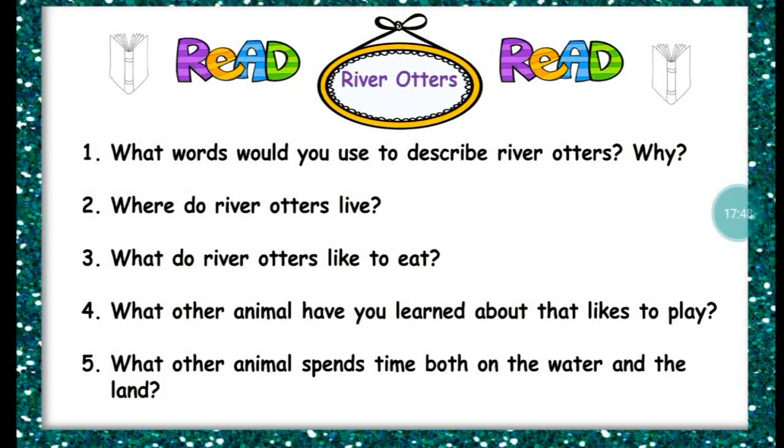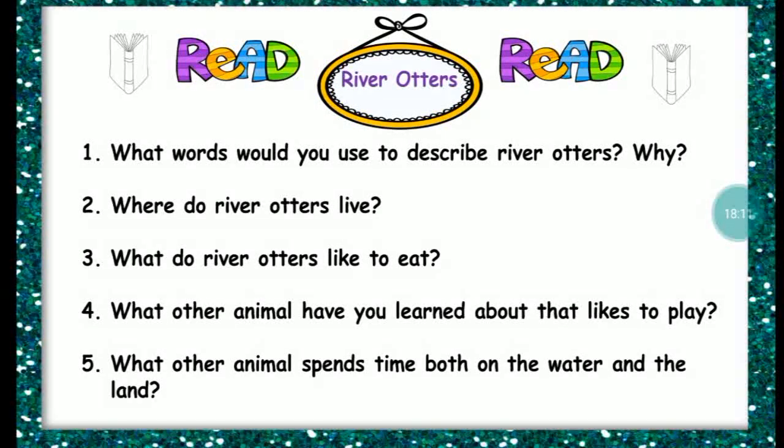Where do river otters live? River otters live by rivers in nests on land that are lined with grass, moss, and bark. What do river otters like to eat? River otters like to eat fish, frogs, and crab.